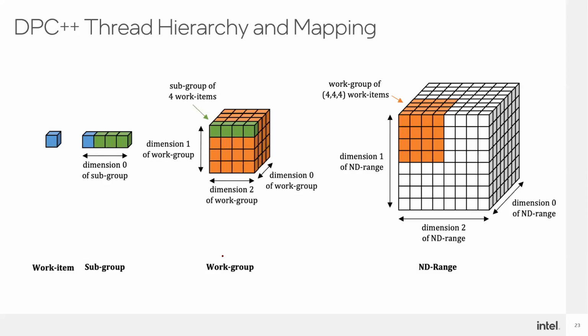And finally, we are constructing the ND range, which is a dimensional grid of work groups. It represents the global range and the local range of each work group. So the ND range consists of these blocks, which are called work groups.